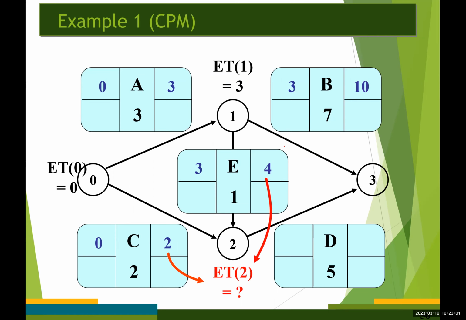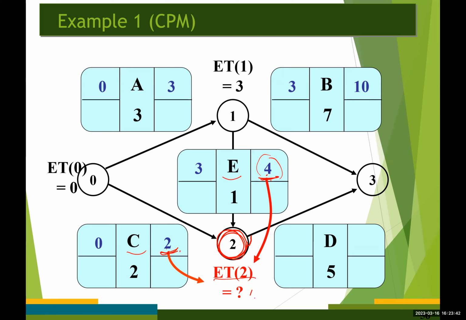Now we need to determine the earliest time for event number 2. We need to take the maximum value between 4 and 2, because here, event number 2 represents the completion time of both activities E and C, right? So that's why the maximum value between these two values becomes the earliest time for event number 2.